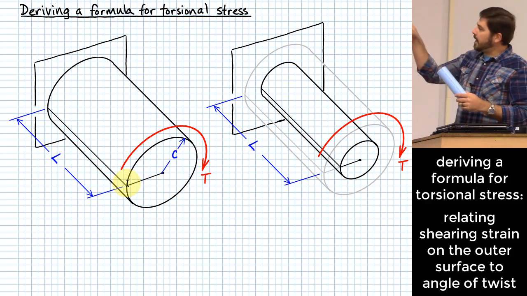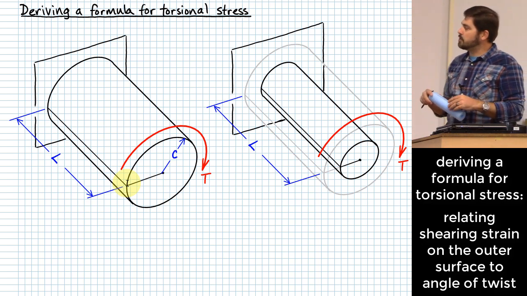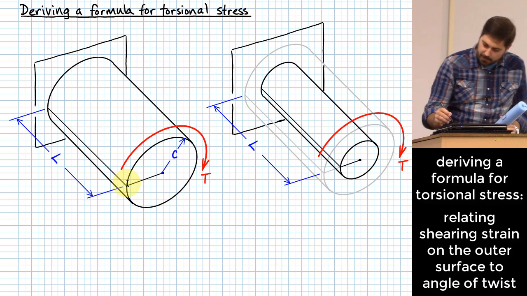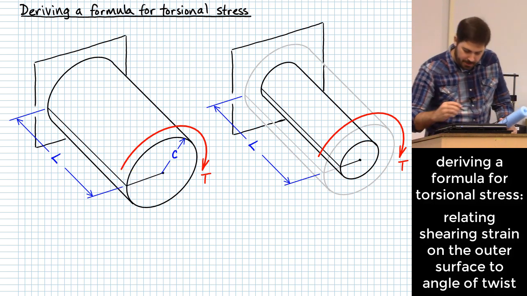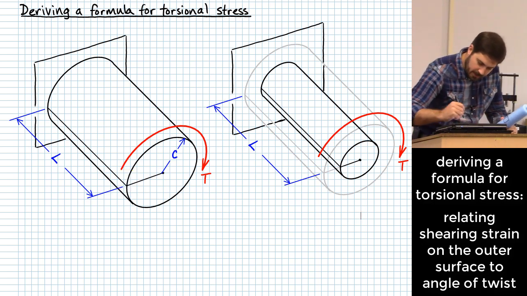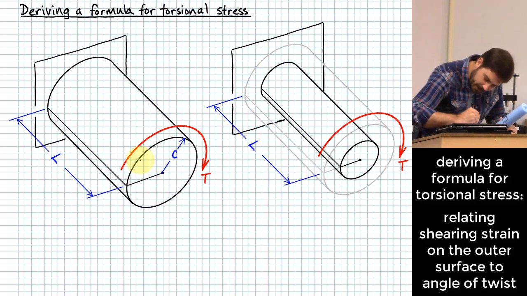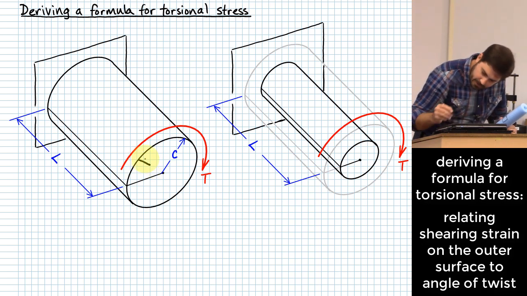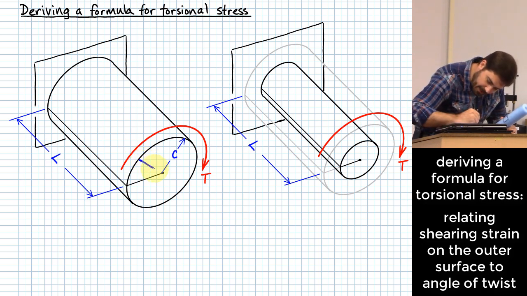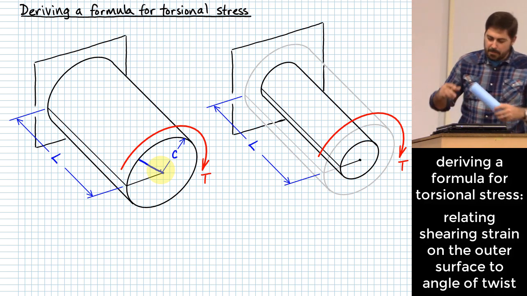Well, let's look at that on this member and actually see if we can draw that and identify a couple of parameters here. So first of all, let me draw a line that shows how much we have actually twisted this member, right?